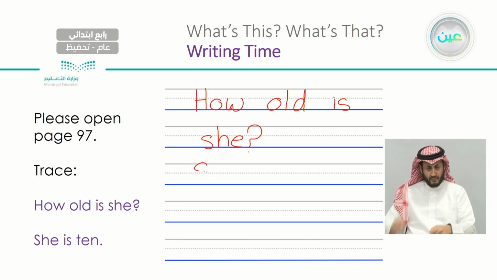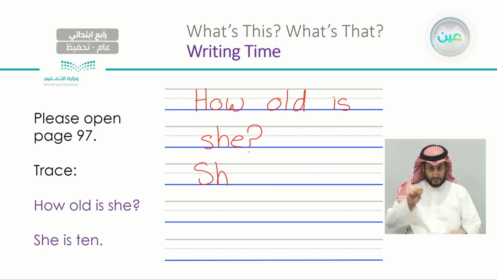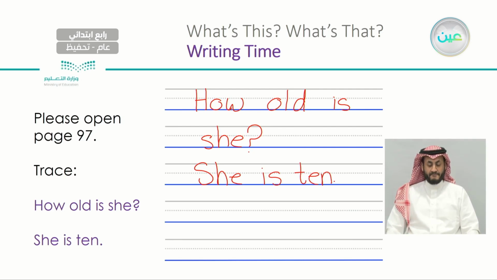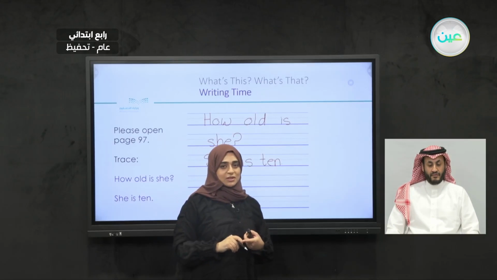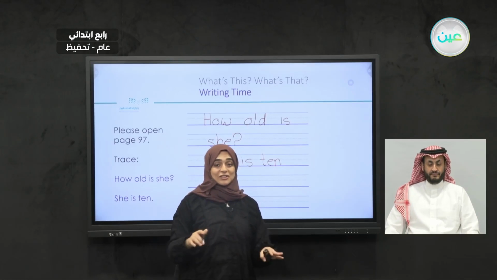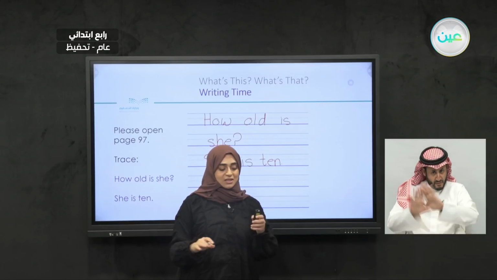She is capital S because it's the beginning of the sentence. She is 10. Full stop. So far, so good? Did you have a chance to trace it all? So let's continue then.